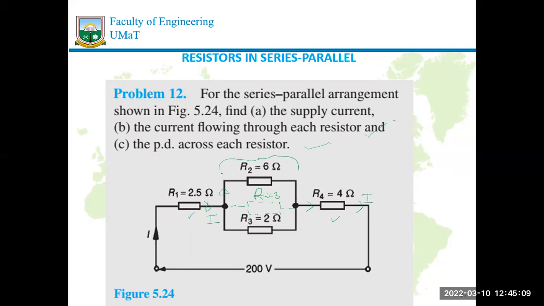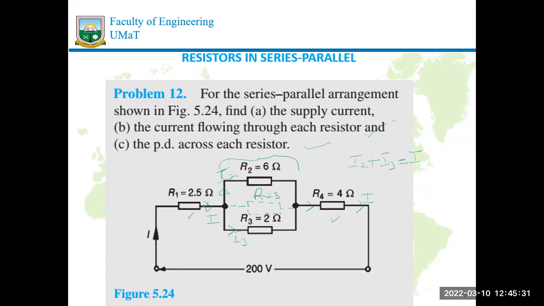The current will divide. So I'll have I2 here and I3 here, such that if I take I2 and add it to I3, it will give me my I.